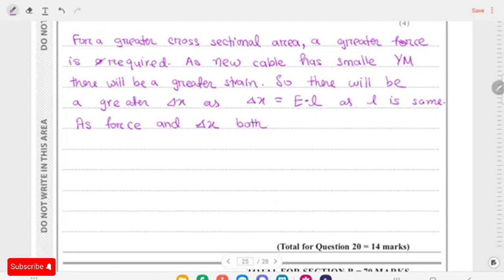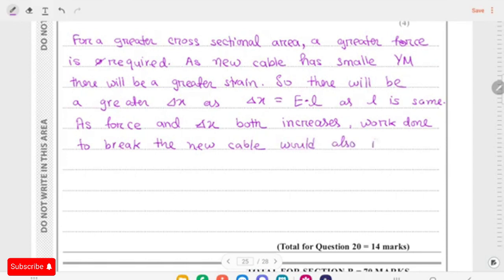So as force and extension increase, work done would also increase.